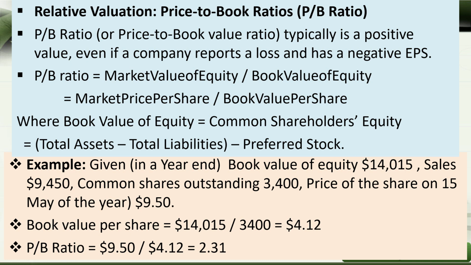So for the PB ratio calculation, the market value is given, that is $9.50, and book value per share is calculated by taking the book value of the equity divided by the number of shares. So per share book value is 4.12, and when you divide that, you get 2.31 as the PB ratio.